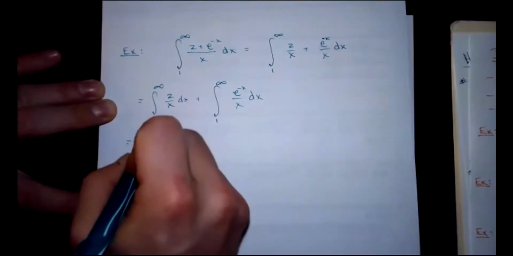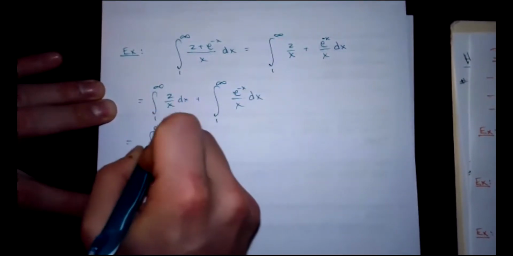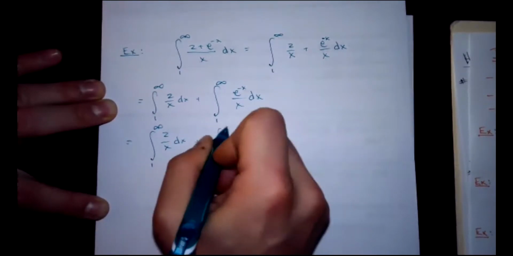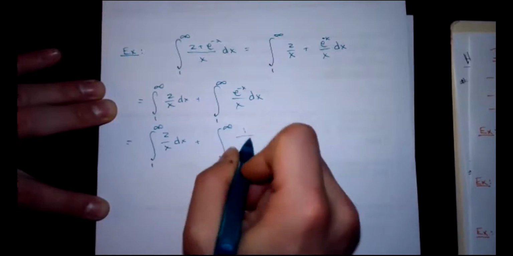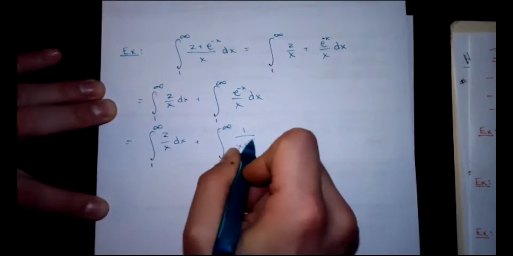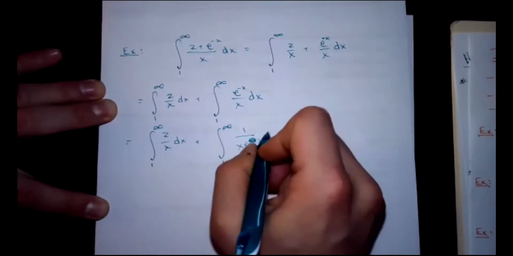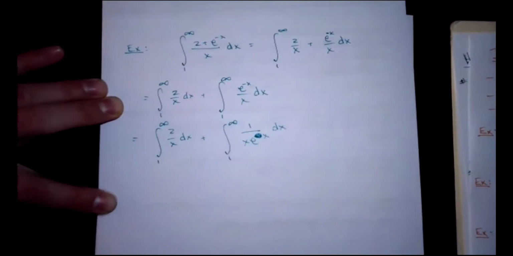Or if you want, you could write that as one divided by x e to the x, or e to the positive x there. So this one's not too bad. We kind of just had to do some algebraic manipulation to get started.